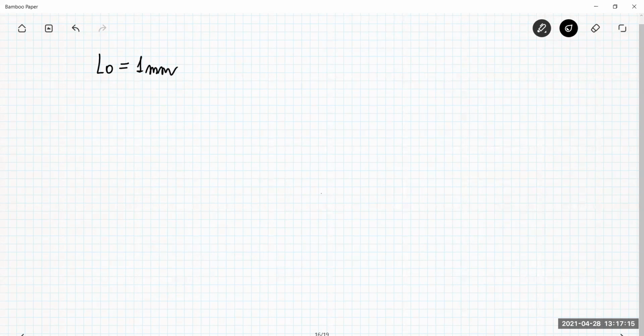Supposing that my maximum elongation delta LP is exactly 0.1% of L0, I get that my constant is exactly 0.1%. This means that this is 1 micrometer.